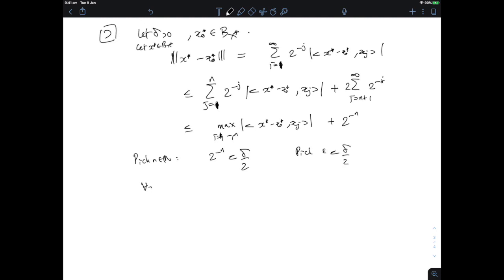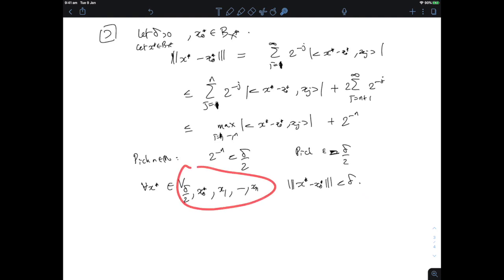Actually, I pick epsilon equal to delta over 2, in V delta over 2, x naught star, and then x1 until xn for that choice of n that we've made. So this x star minus x naught star in triple norm has to be smaller than delta. So we've shown that inside the ball defined by this inequality, we have this weak star neighborhood, and that concludes the proof.